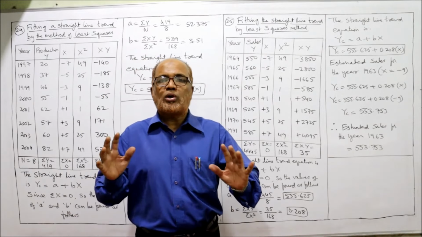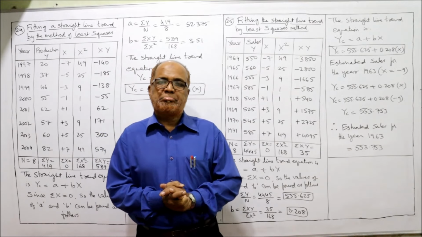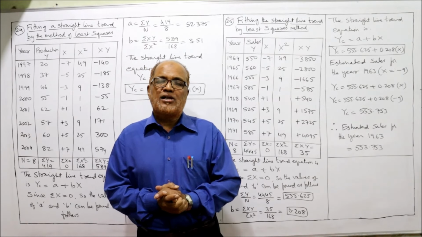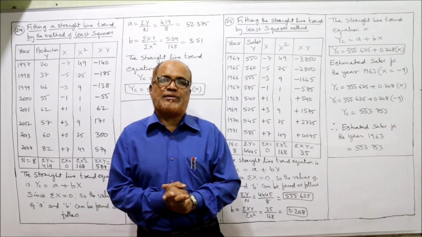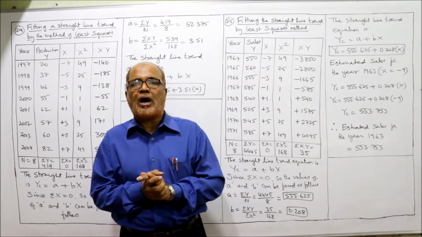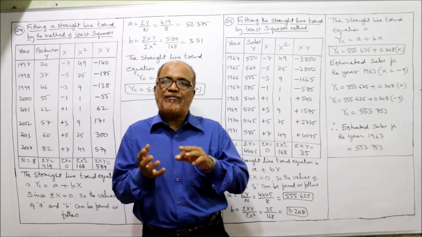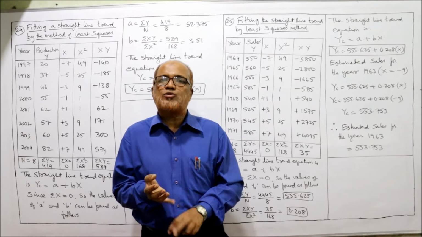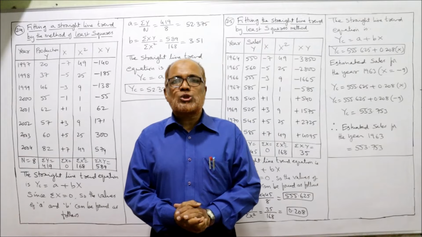That's all. So totally 25 problems I have explained to you on this time series analysis. So we have completed the first part of the chapter. In this first part, I have explained how to calculate the straight line trend by freehand method, by semi-average method, by moving average method, and lastly by least squares method.